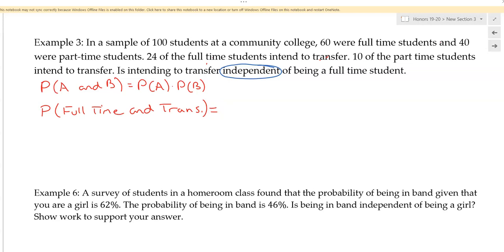So the probability of A would be the probability of full-time times the probability of transferring. So full-time and transfer, well, there's 24 of them, and it's out of 100. So that's 24 out of 100.